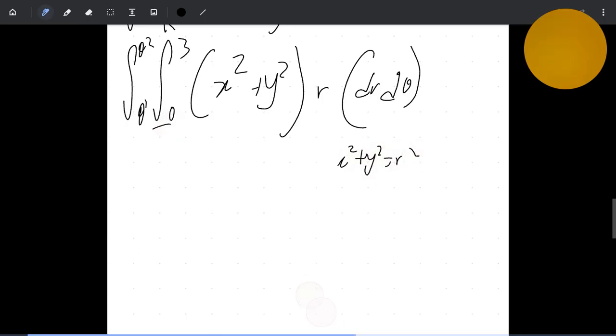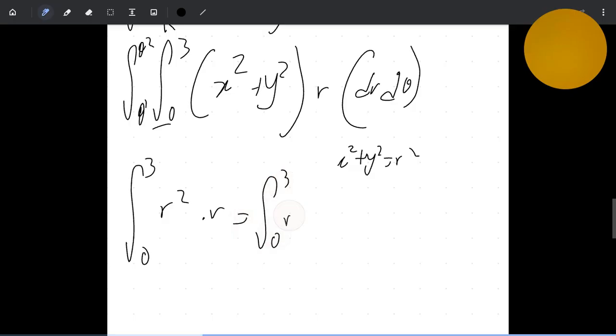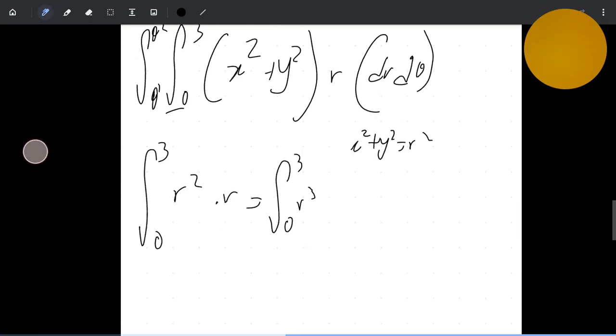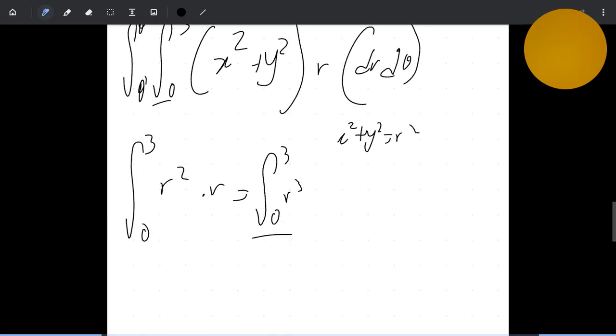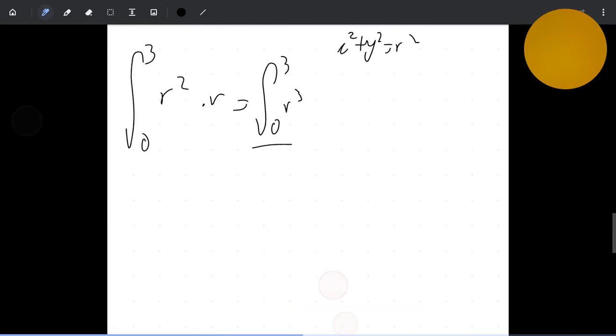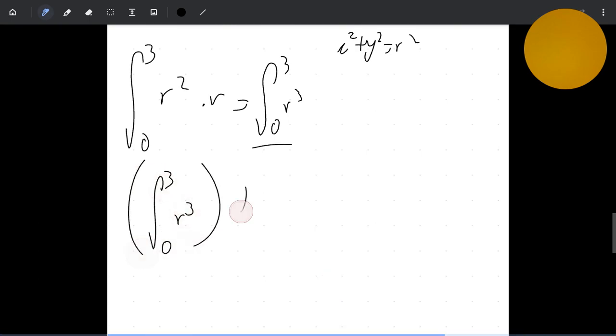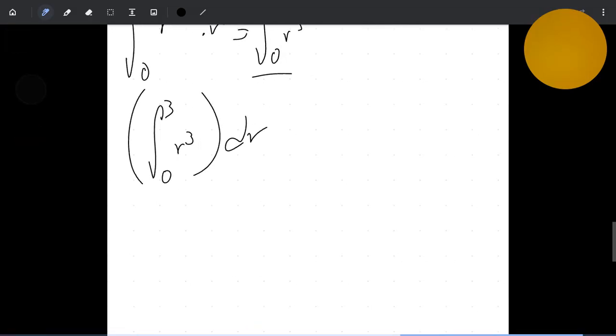So we're going to use the first integral, r squared multiplied with r. That's going to be r to the power of 3 from 0 to 3. Now, we're going to differentiate this with dr. So integrating with respect to r, since there's no constant, 1 multiplied with the power rule.